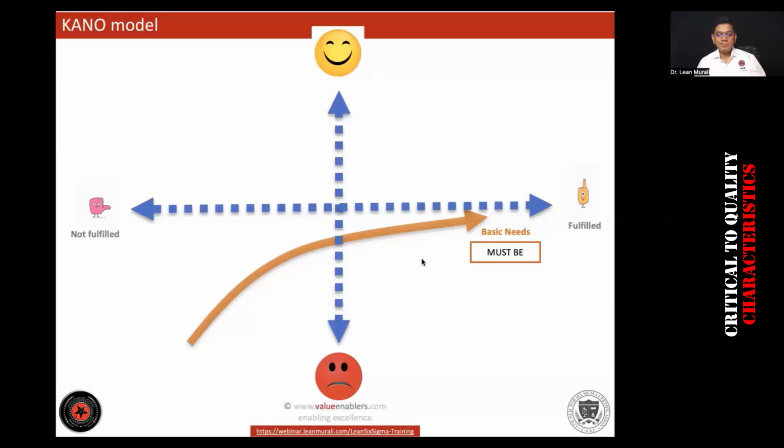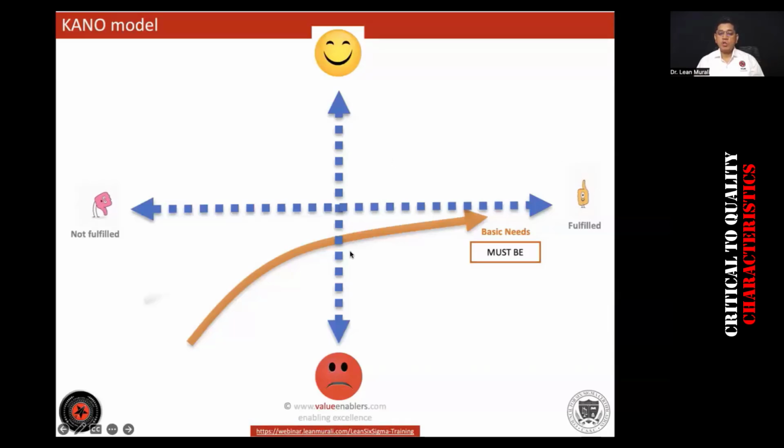Okay, you'll fire the receptionist, right? And we just put a bomb also there. Okay, right. So this is what I mean. If it is a basic need and you fulfill it, he may not be very happy, but if basic needs are not fulfilled, they are going to be angry.